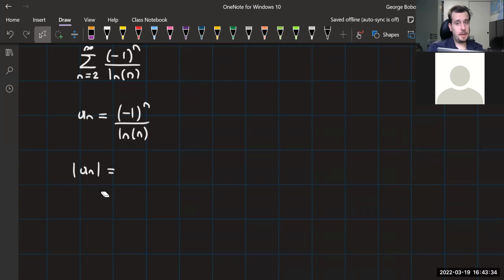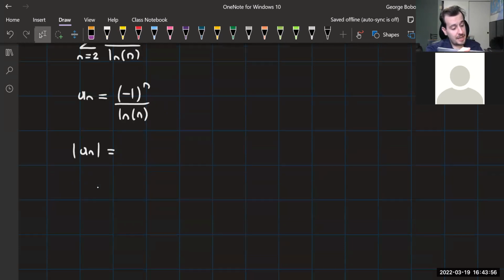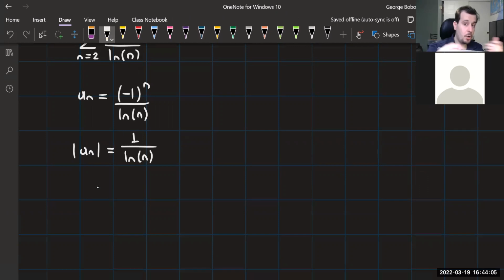If I took the absolute value, would I ever care about -1? No, because every time the -1 would pop up, the absolute value would kill it. So I'd never have to worry about the -1, which means I can completely ignore it right now.